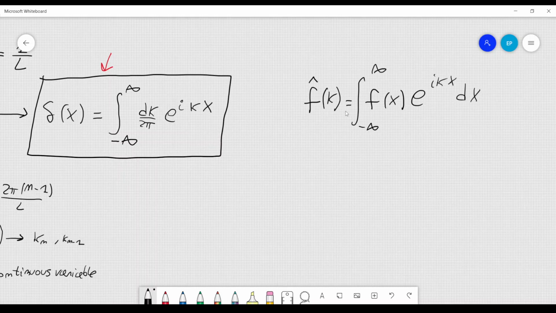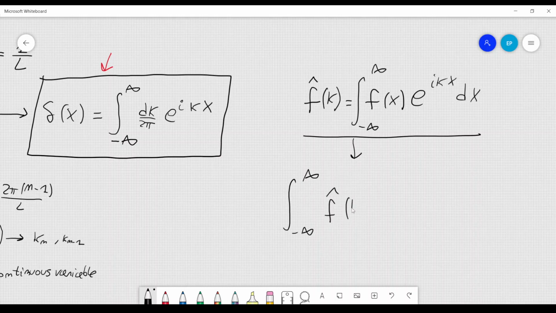And now, if I integrate both sides of this equation, let me do it below, I integrate both sides from minus infinity to plus infinity, and here I have f hat of k, and I multiply this by e to the minus i k x dk over 2 pi.